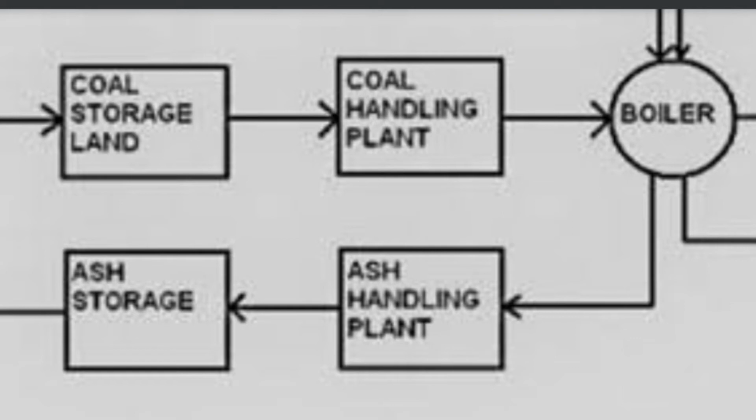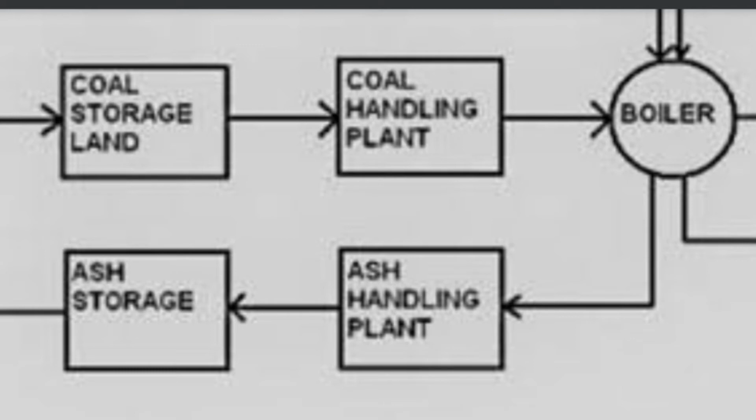The coal is transported to the power station by road or rail and is stored in the coal storage plant. Storage of coal is primarily a matter of protection against coal strikes, failure of transportation system and general coal storage.